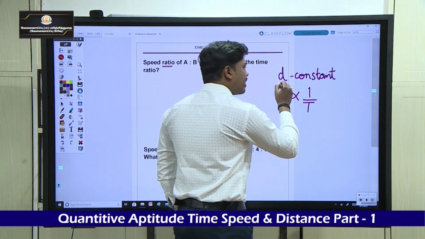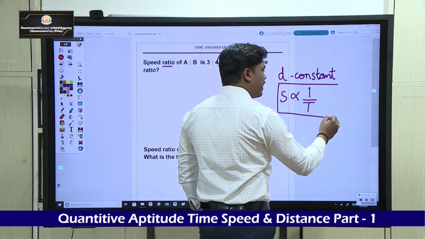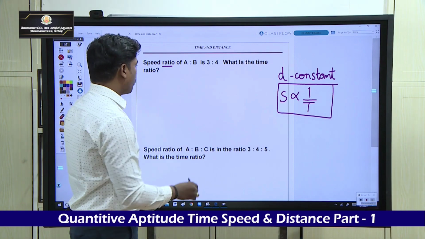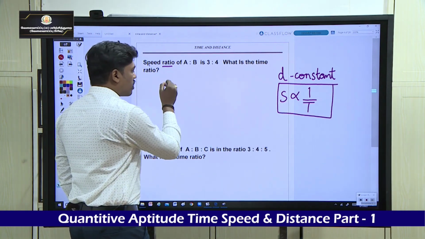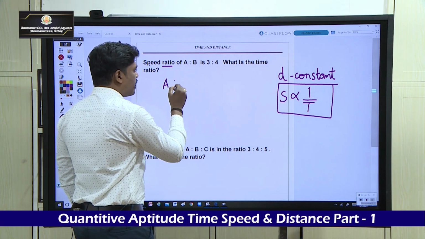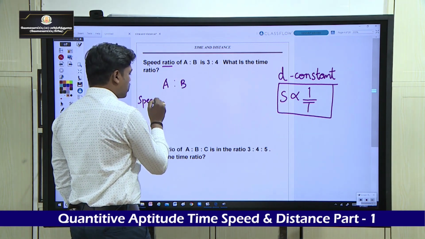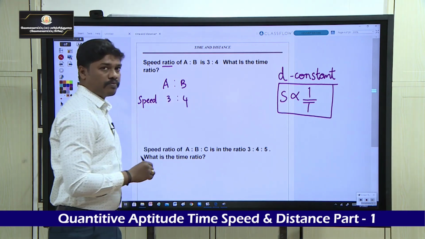When distance is constant, speed is inversely proportional to time, which we saw previously. Now look at the speed ratio of A and B. A is to B, the speed ratio is 3:4.